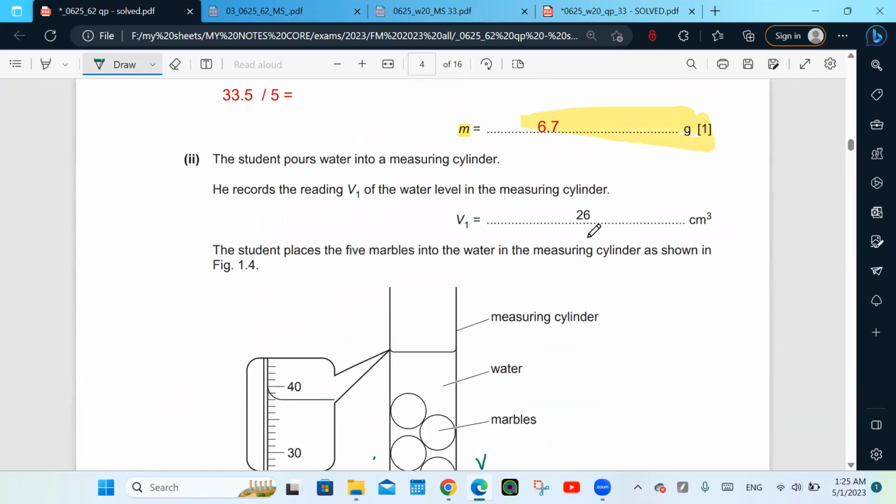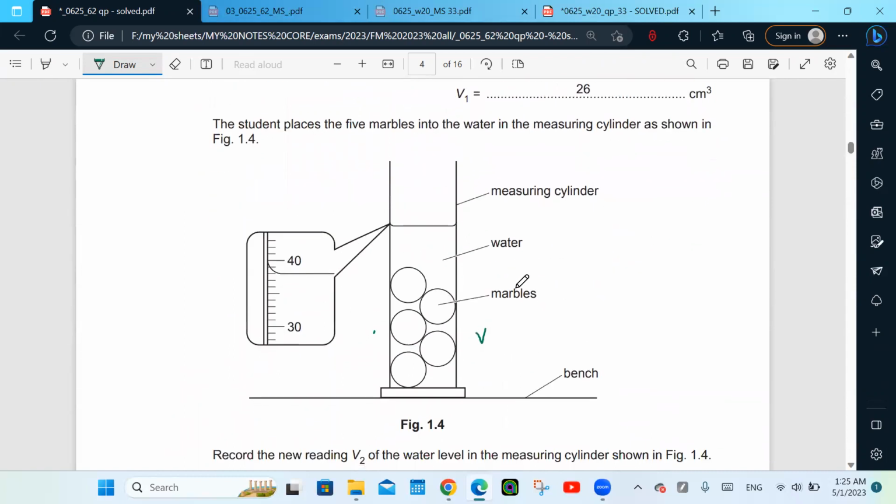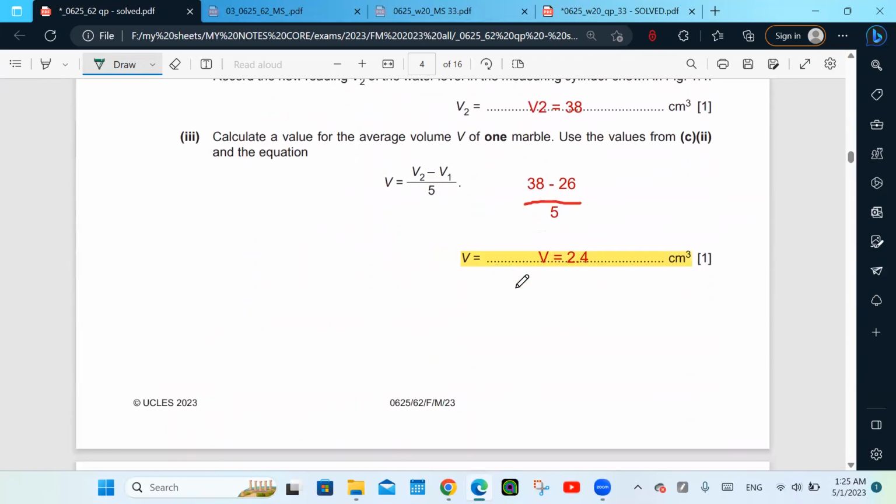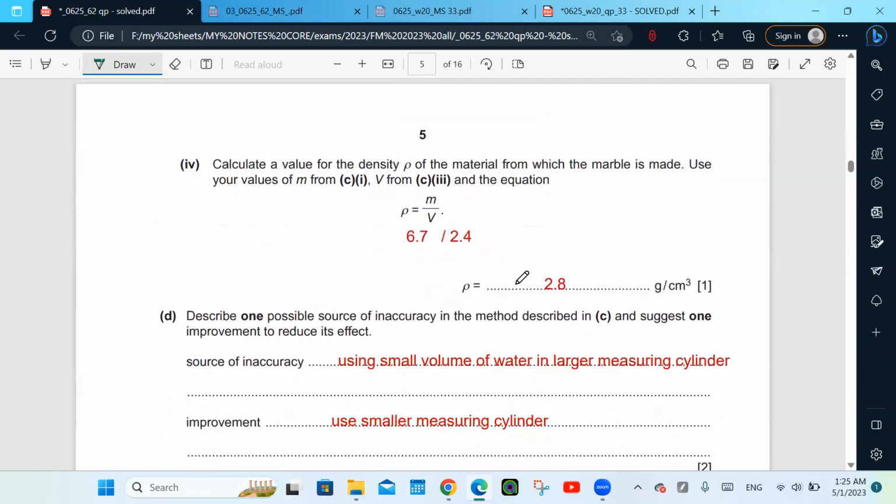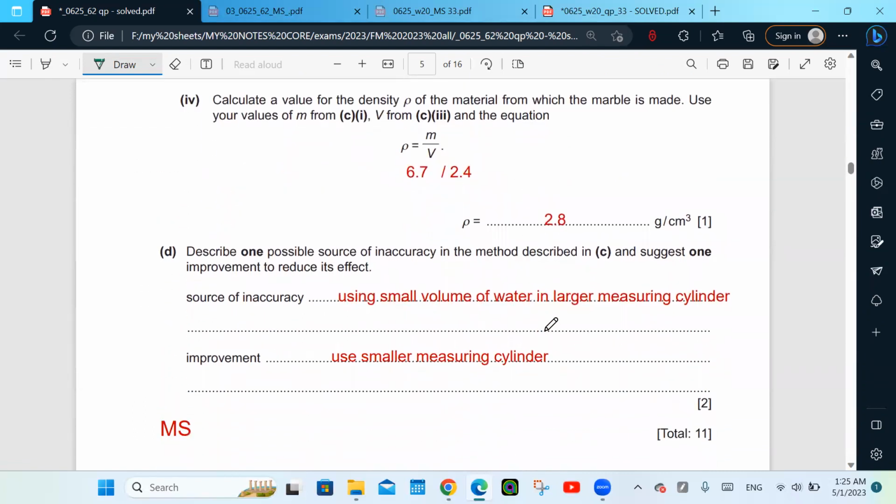You can take a look here, the volume is only 26 cubic centimeters. So you should take a measuring cylinder which is suitable to take the reading of this very small volume. You cannot use a small volume in a larger measuring cylinder because it may cause inaccuracy in the reading.